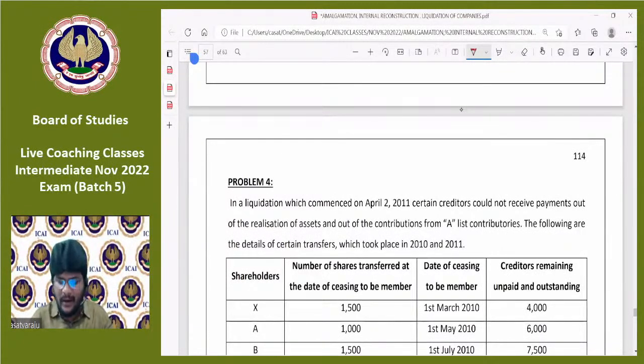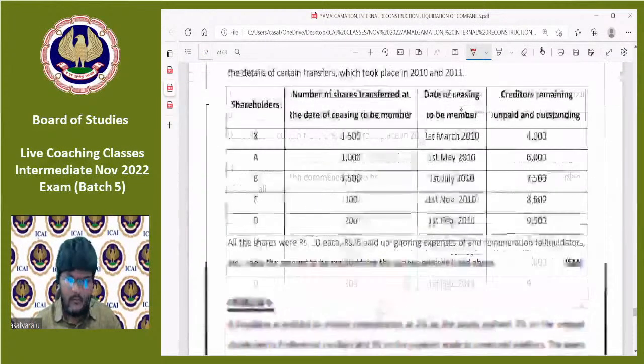Are you with me, guys? All of you? Quickly, guys. Preference dividend for the year 2000 is given. We have to ignore that now. Which point are you asking, ma? Preference dividend or something you are talking? Namrata. Where preference dividend is given?